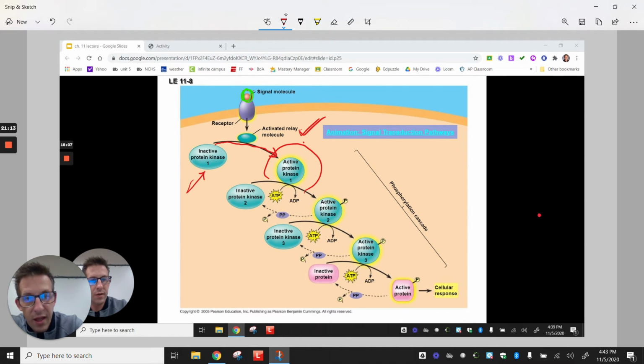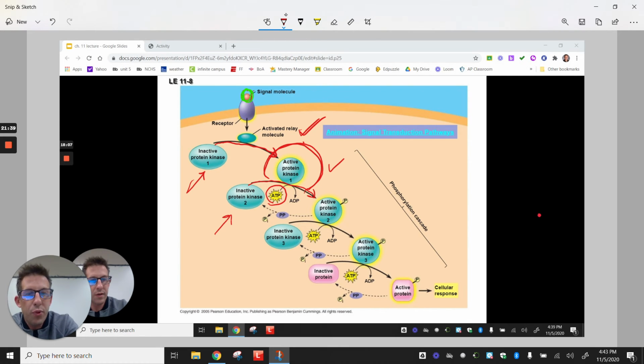And so to do that, we have to bring inactive protein kinase 2 into close proximity with this activated protein kinase 1, okay? Now, what you'll notice here is that we've now incorporated ATP, right? And we're going to start to phosphorylate all of these sequential proteins, okay?